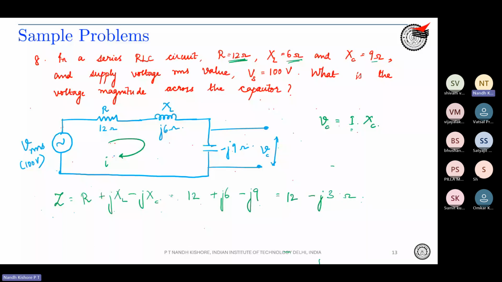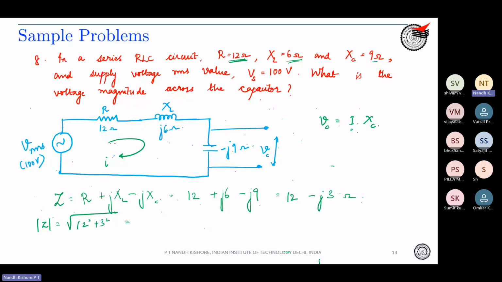Okay. Since we'll be doing some multiplication and division over here, directly convert this into polar form. Okay. So what is this? Mod Z? Mod Z will be root over 12 square plus 3 square, right?